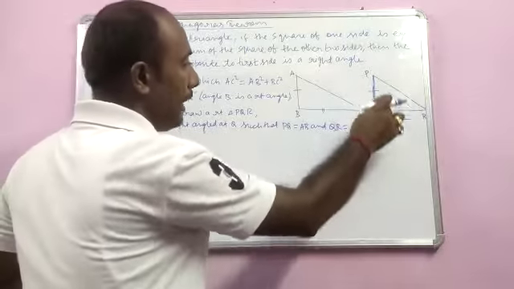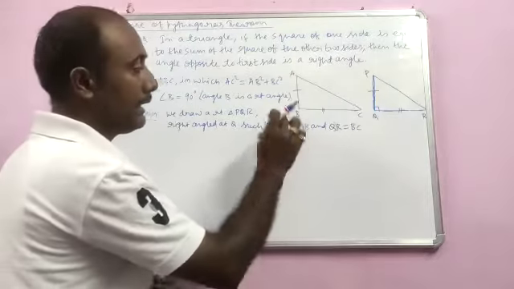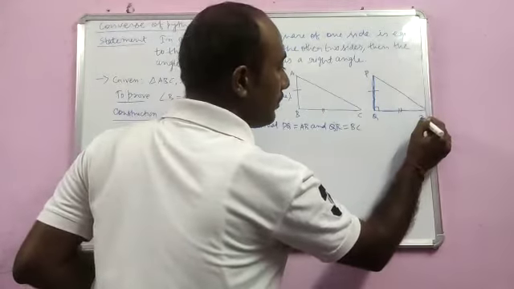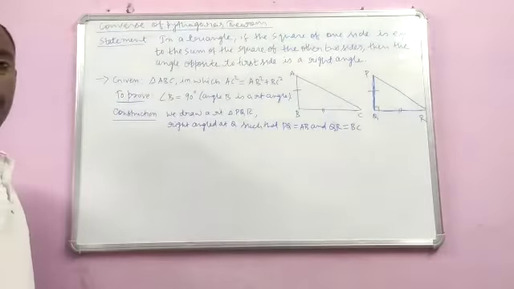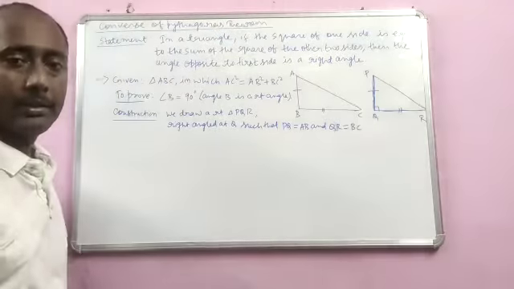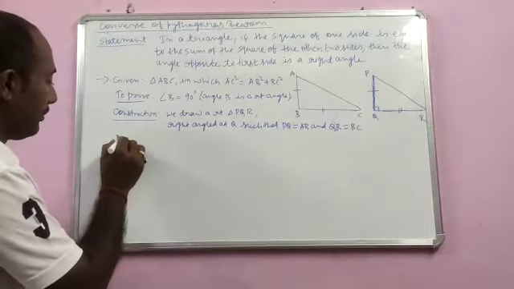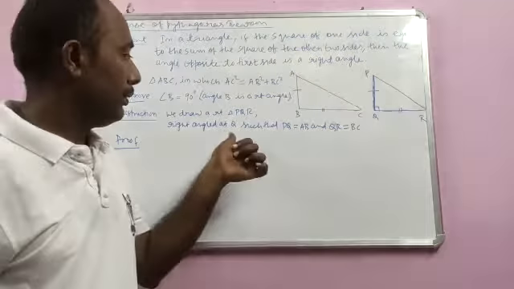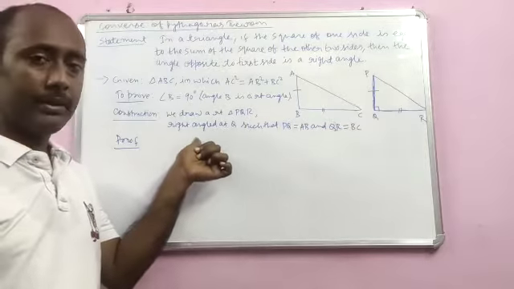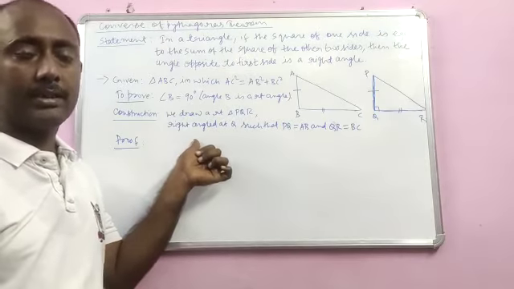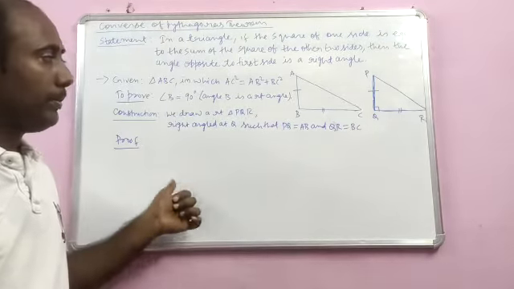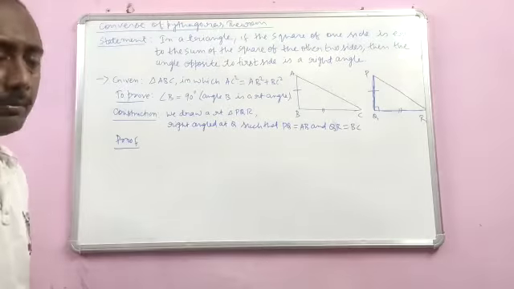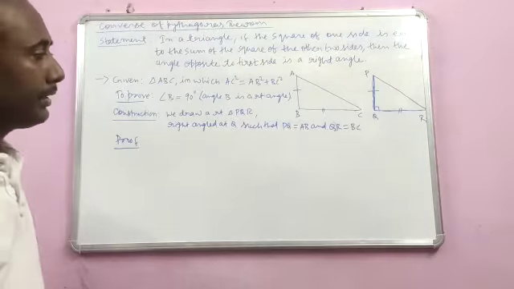Your PQ part is equal to AB and the QR part is equal to BC. So this is what we will go for in construction. Next we come to the proof part. So this is what you have to be very much clear with. Once you understand this construction part properly, proof part is not going to be a difficult task for proving this particular theorem.